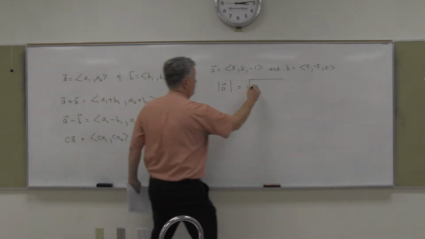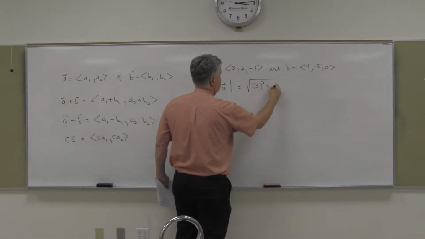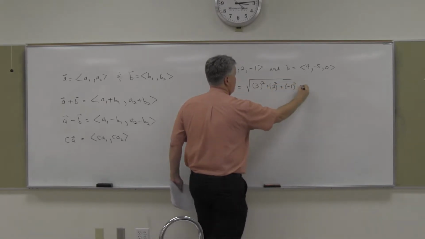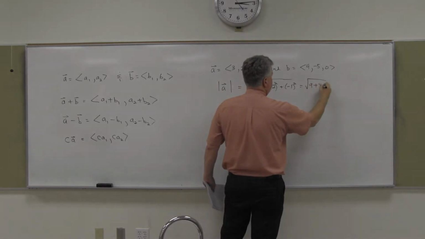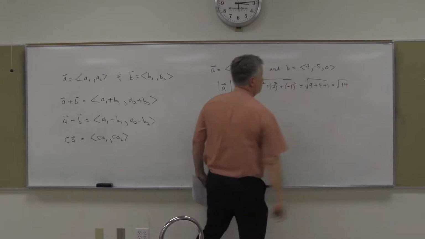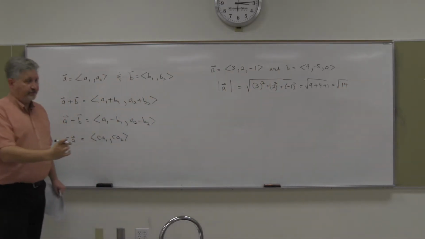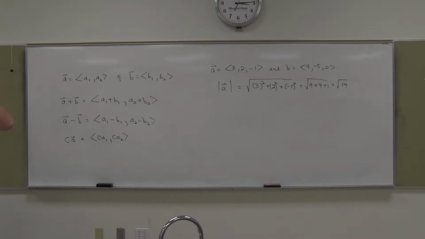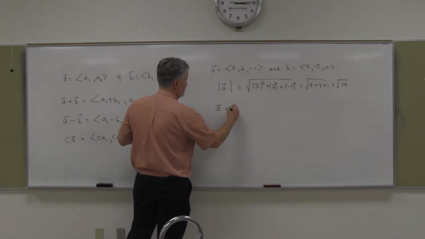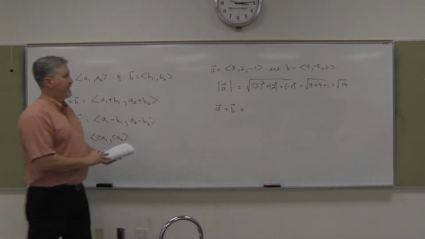So you do 3 squared plus 2 squared plus -1 squared. Of course, that makes them all positive. 9 plus 4 plus 1. So that'd be the square root of 14. That vector would be square root of 14 long. They usually don't want you to round it off. What would A plus B be?